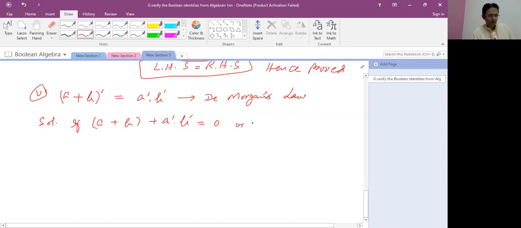or and. So first we consider the left hand side, which is equal to 1.